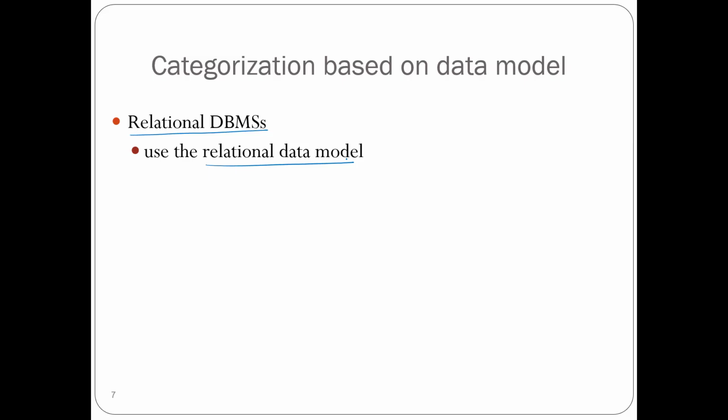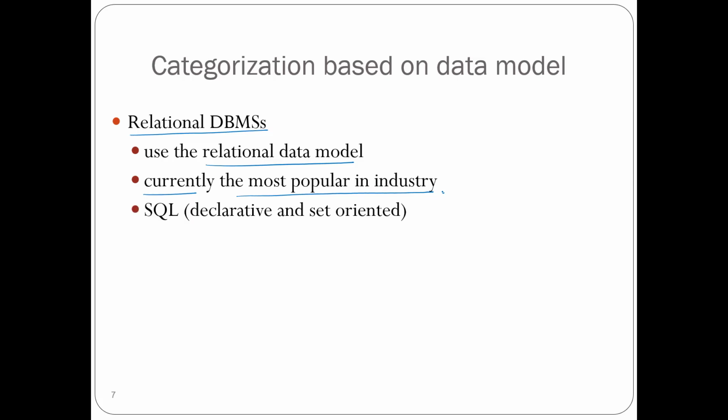Relational DBMS are currently the most popular DBMS in industry. One of the reasons behind their success is their query language, SQL, structured query language. The advantage of SQL is that it is declarative and set oriented. In relational DBMS, we do have the query processor, which is an advantage.